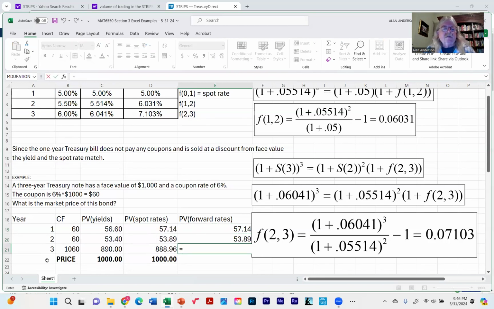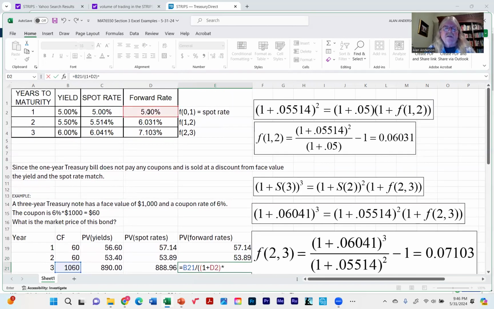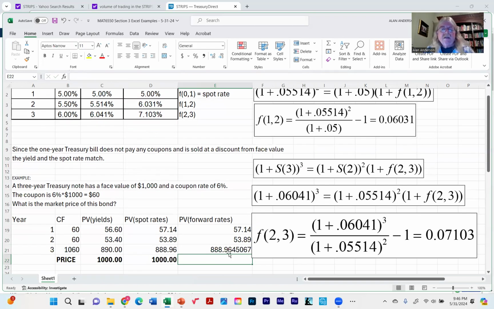And then for this last one, we're going to need the product of 1 plus F0,1, 1 plus F1,2, 1 plus F2,3. Now, if you notice this time, not only is the sum the same as for the other two, but the present values are the same.